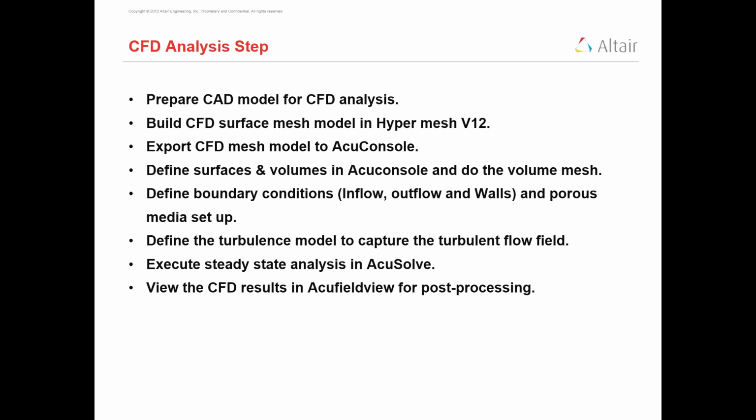Then make sure you define the porous medium properly, velocity versus pressure drop, then define the turbulence model. This is the SA model, Spalart-Allmaras, the same as in the aerodynamic case I have shown you. You can use the same turbulence model. We are doing a steady state analysis, not a transient analysis, and then CFD results post processing is done in FieldView.